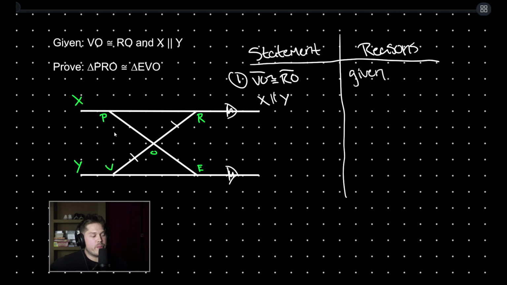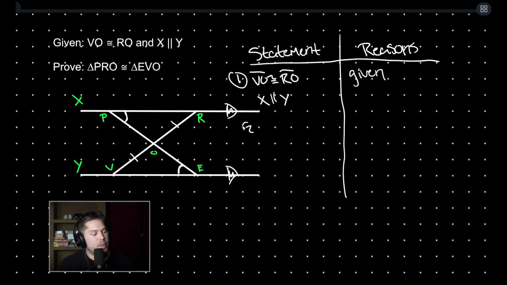Well, if these lines are parallel, then either of the other 2 lines in question can be seen as a transversal. So that means that I can say that this angle and this angle are what? Well, they're alternate interior angles.